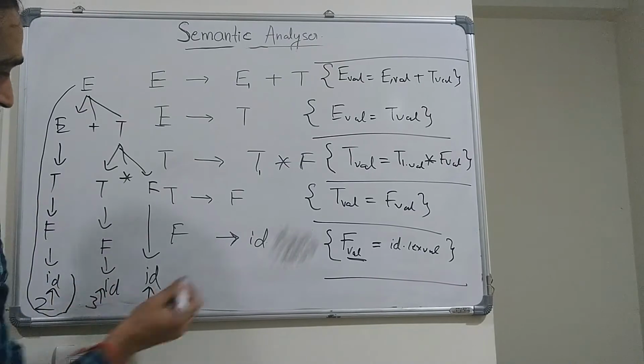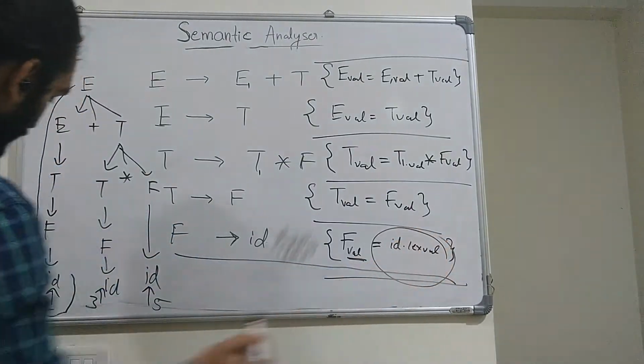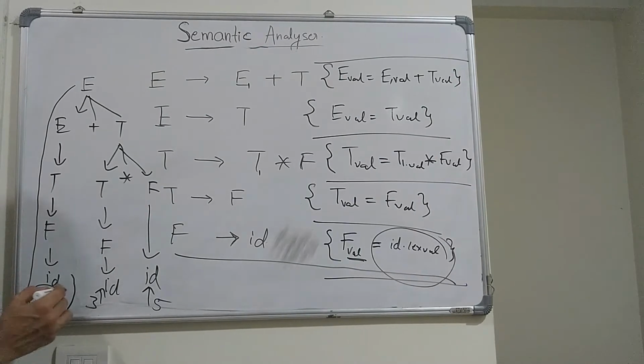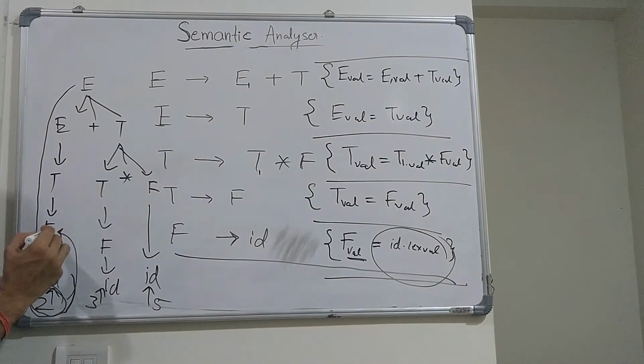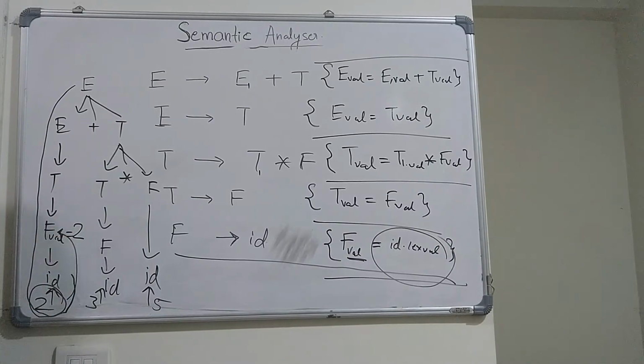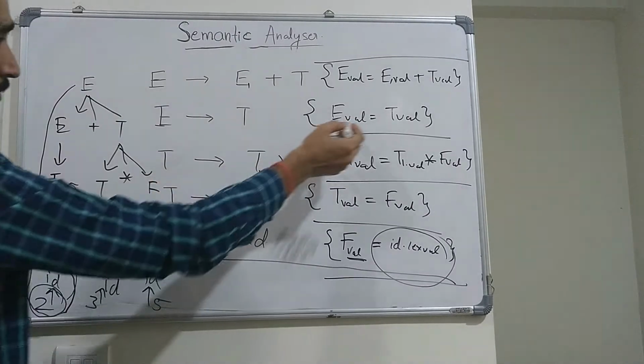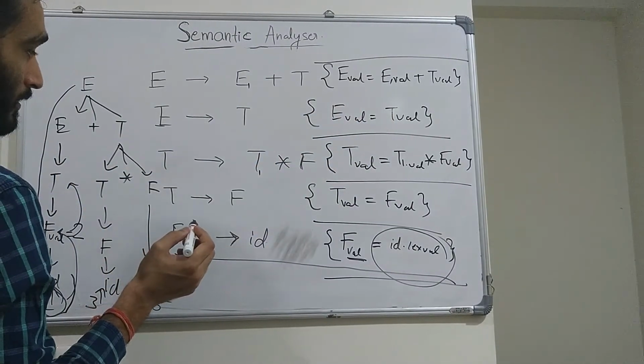For this one, when this comes, what is it going to return? It is going to return this value 2, the Lex value, to this F. Now this F val is going to contain 2.